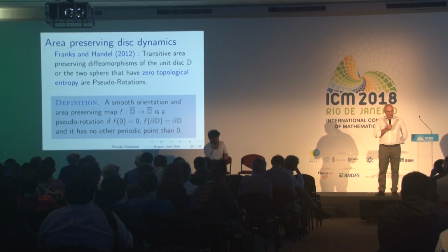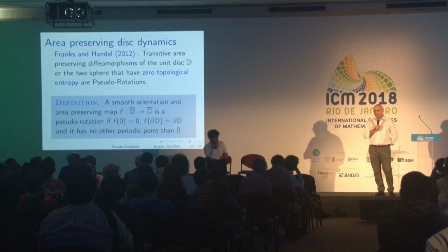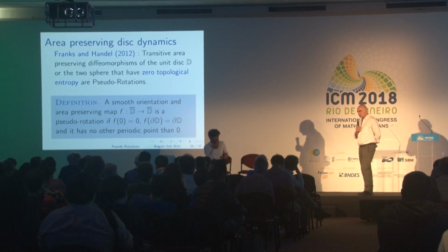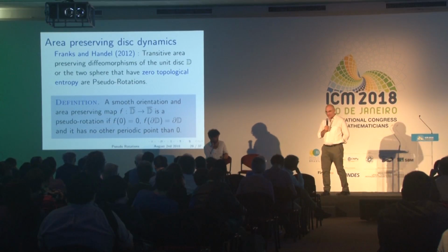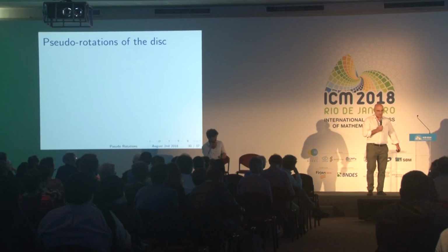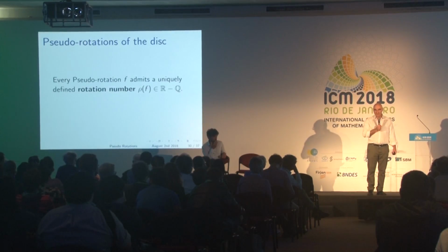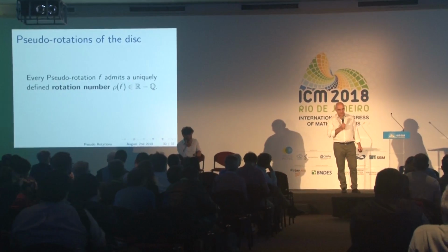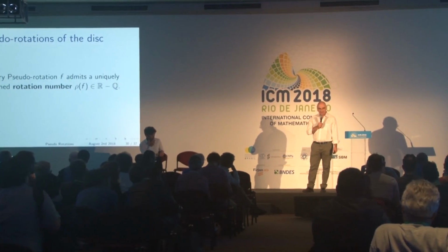This is a smooth diffeomorphism of the disk, which preserves the area and orientation, with just one periodic point. Such a diffeomorphism always has a uniquely defined rotation number, which is irrational.